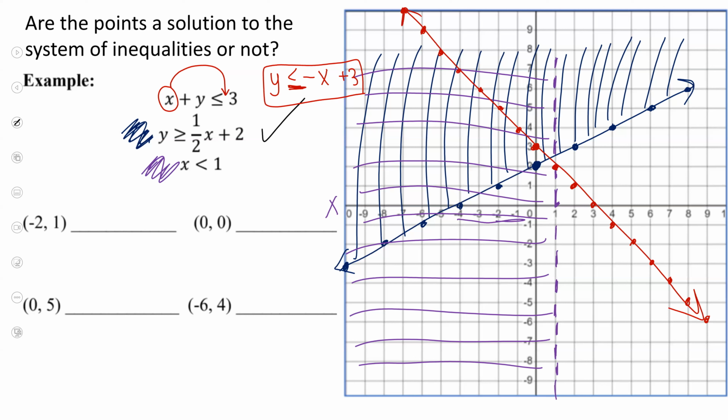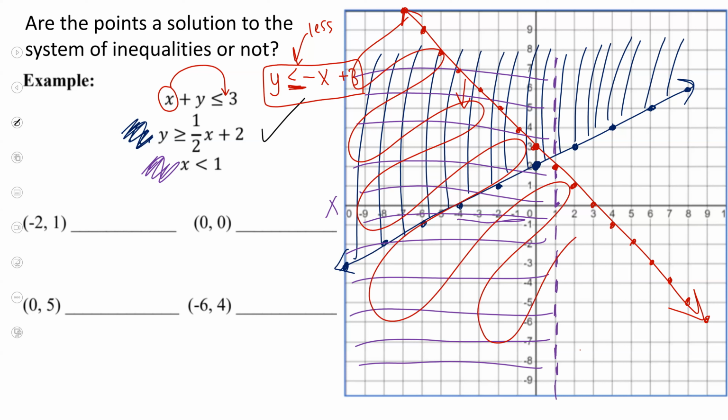Okay, we're almost done. We have to shade. What symbol do we have? We have the less than symbol. So guys, we need to shade down. So from this line, I'm going to shade it down. And I like using a different design for each time I shade so it can be obvious.